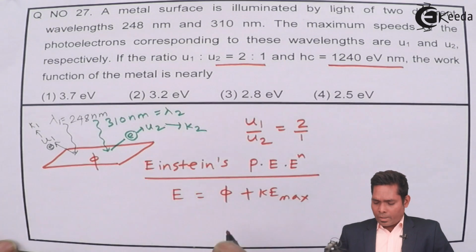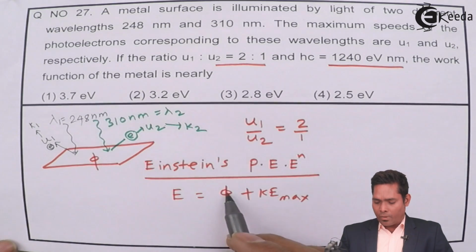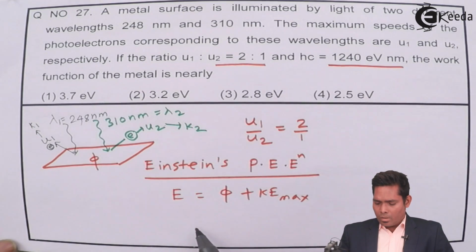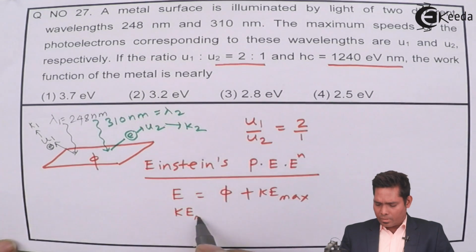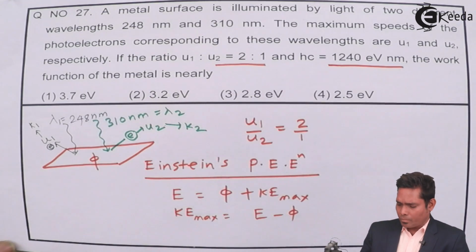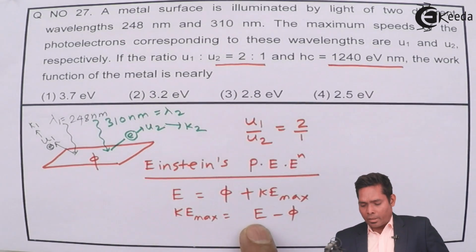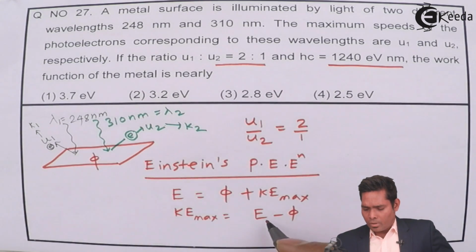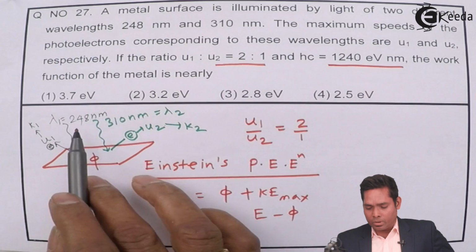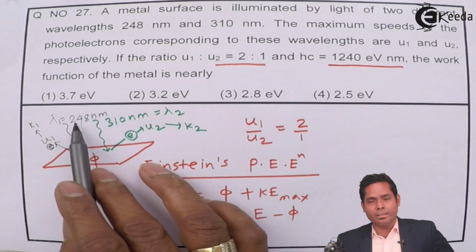So from here we are interested in this phi, and Ke max is E minus phi, where E is the energy of incident radiation which will be obtained from this wavelength.